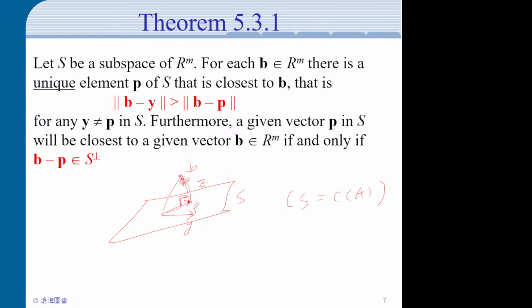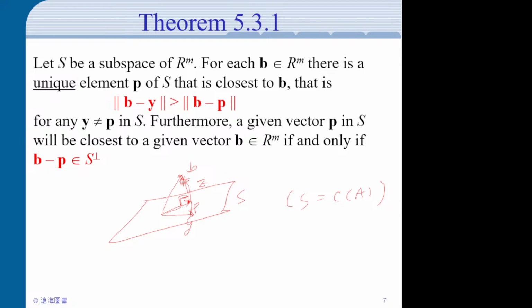You can see that geometrically here. The squared distance from y to b, because of the orthogonality, is the squared distance between y and p plus the squared length of z, so that's longer than just the squared length of z.